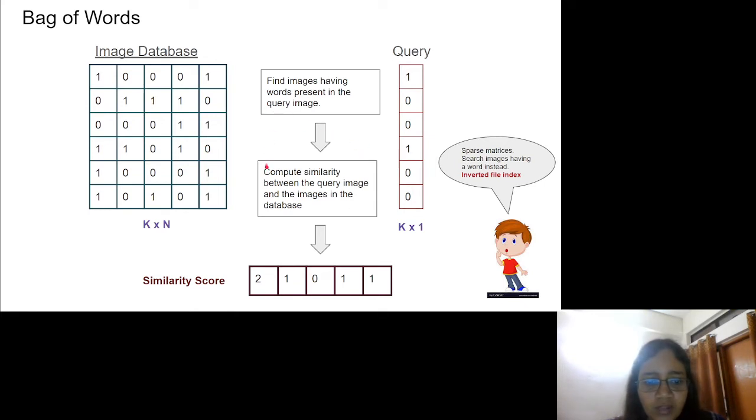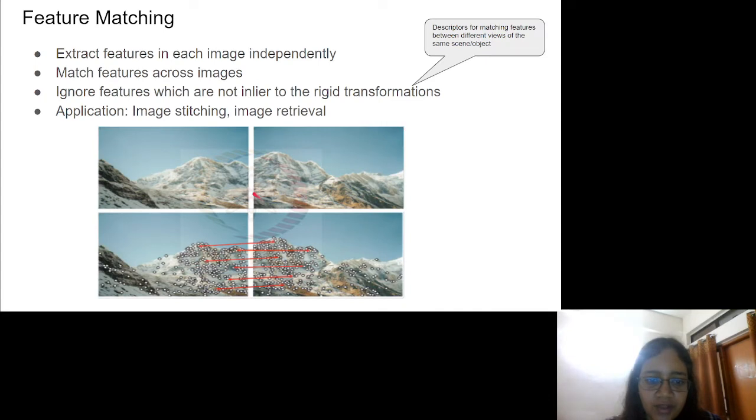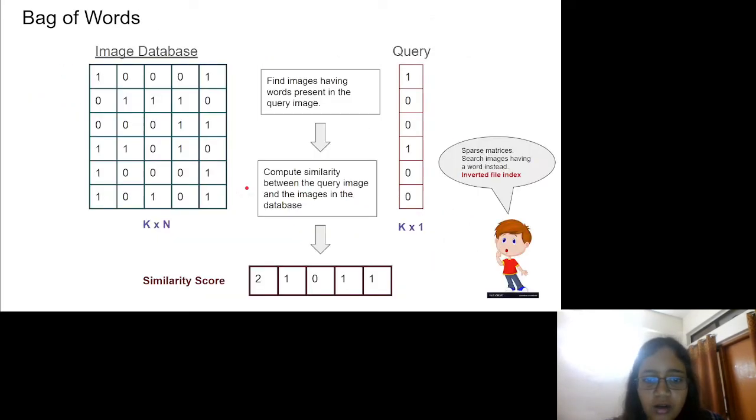So that is one application of bag of words, where you can retrieve or find similarity with other images. In other words, suppose I have a Mount Everest image and something else, a Kanchenjunga image, then this is one way to find similarity between these two images.